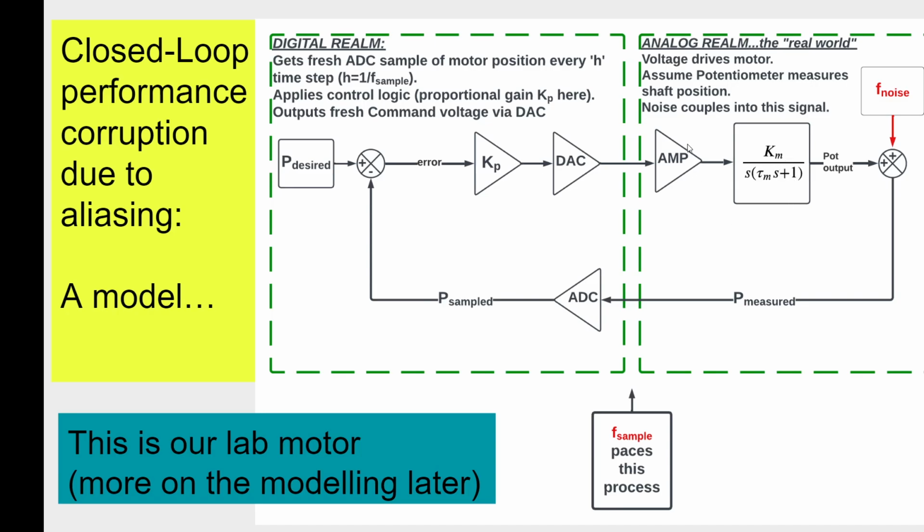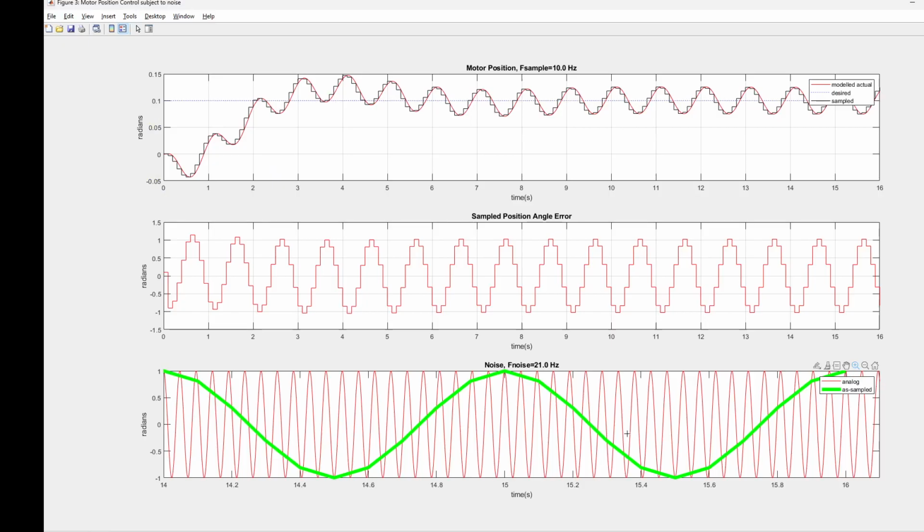Our plant will track that disturbance quite well, at least compared to the 21 hertz when we sampled at 50 hertz, if you'll recall. So this demonstration for control purposes is perhaps more useful than even the wagon wheel example of aliasing and some other things we look at in the signal processing realm to understand aliasing.